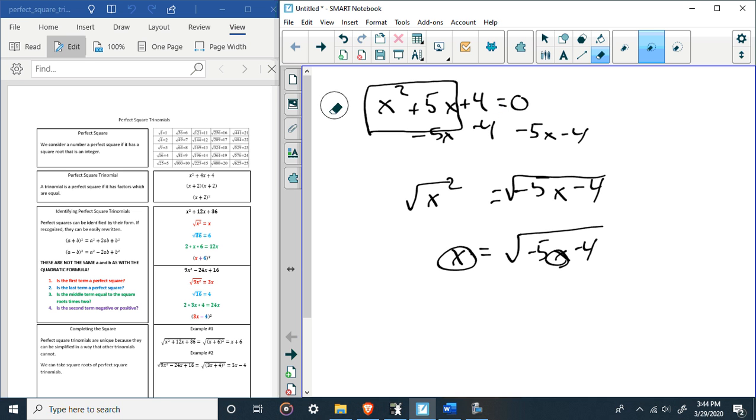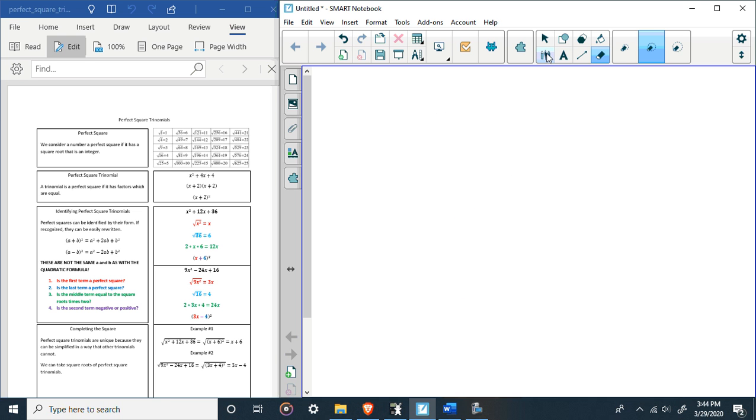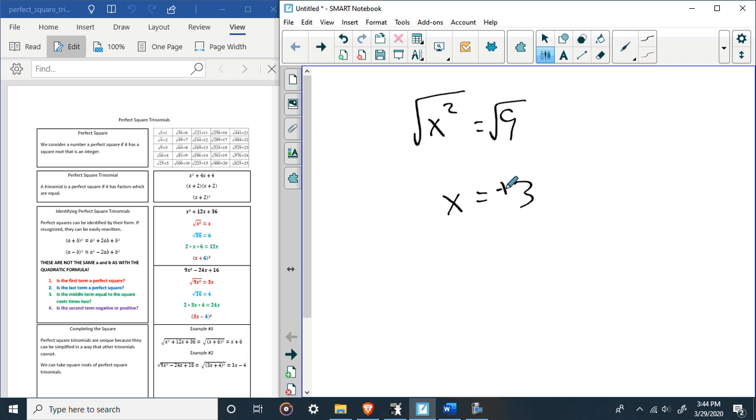Now, let's look at a much simpler example. What if I said x squared is equal to 9? Well, most of you guys know that to undo a square, I'm going to take the square root of both sides, right? And so we find out that x is equal to, well, the square root of 9 is 3 or negative 3, right?